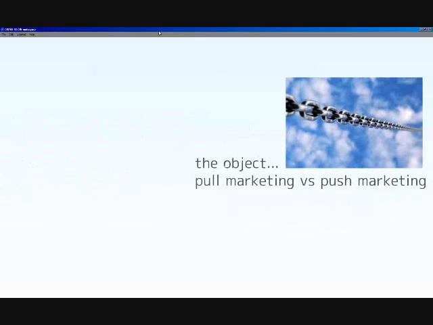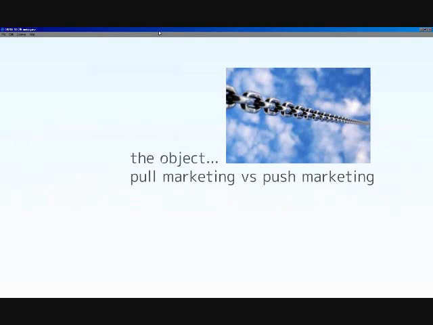So one of the things we want to talk about is the fact that the object of what we're really trying to accomplish here is pull marketing versus push marketing. The difference is, for years and years, we have all been subject to push marketing. We sit down and watch TV, and a television commercial gets placed in front of us, and we have not opted into that commercial.